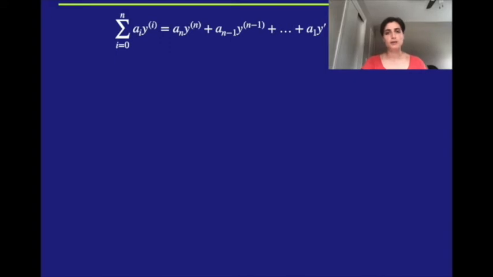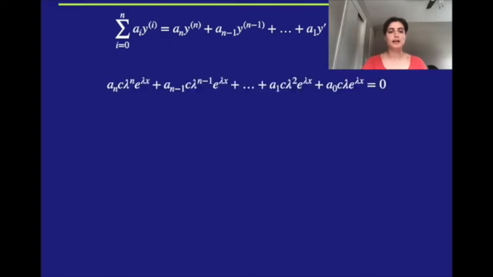So if we're looking at our ODE, and we take this assumption on the shape of y, we can replace all the derivatives of y by the derivatives we just computed. Now, we know that the exponential of lambda x is non-zero, at least for some values of x, actually for almost all the values of x.